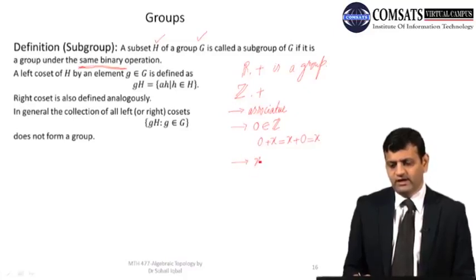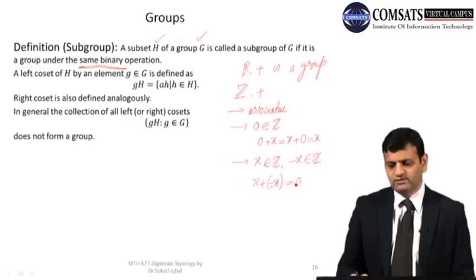And for any integer X, we also know that minus X is also an integer. So for any X, there exists an element minus X such that their addition is 0, and we can add them in any order and the result will still be 0.